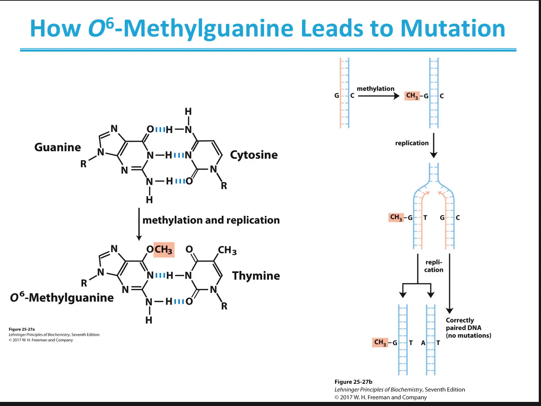So in this slide, we see how O6 methylation leads to mutation. Here we see the correct base pair between guanine and cytosine. And with O6-methylguanine, what happens is this methyl group interferes with the ability to form the hydrogen bond between cytosine and guanine.